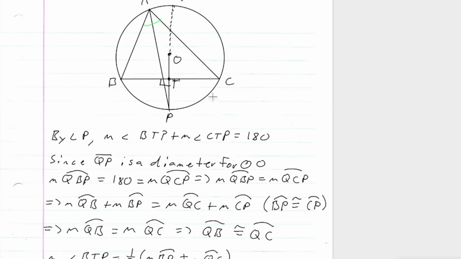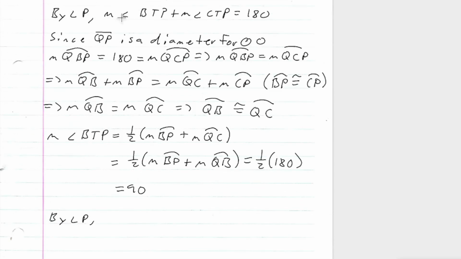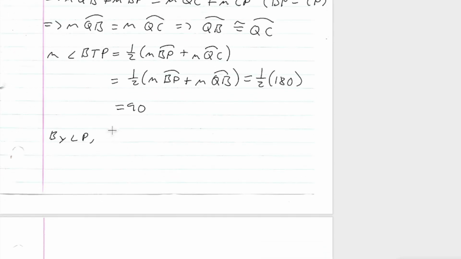Well, all right, now I know that CTP must also be 90, right? So by linear pair, which is what I had above here, I know that BTP plus CTP is 180, but now I know that BTP is 90. So I know that 90 plus the measure of angle CTP is equal to 180, which implies that the measure of angle CTP is equal to 90, right?